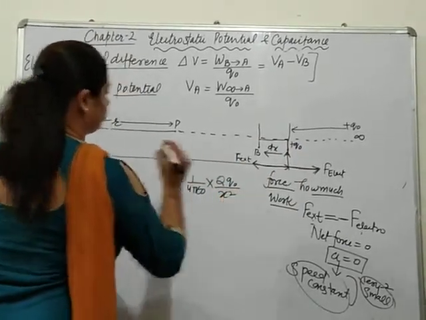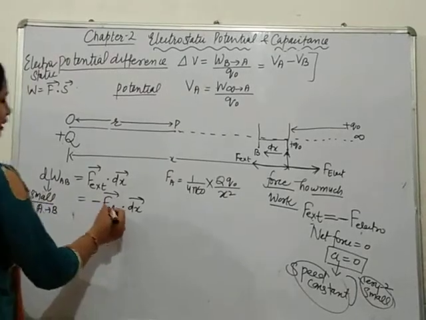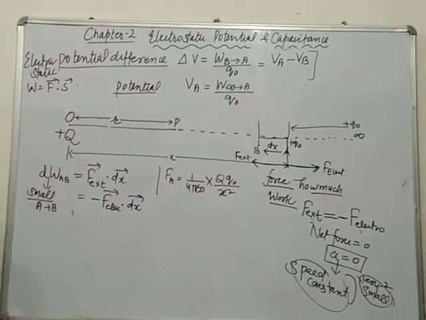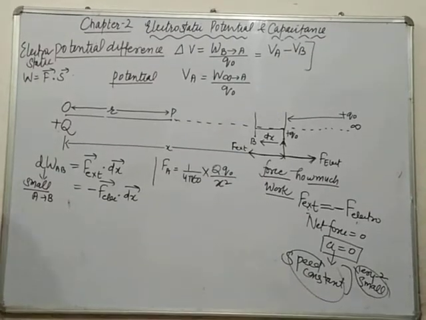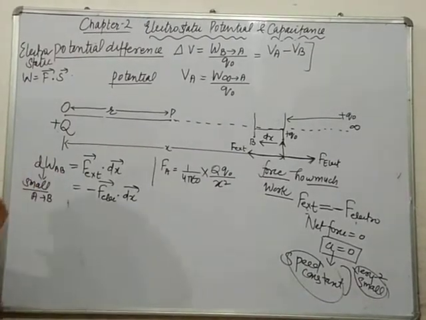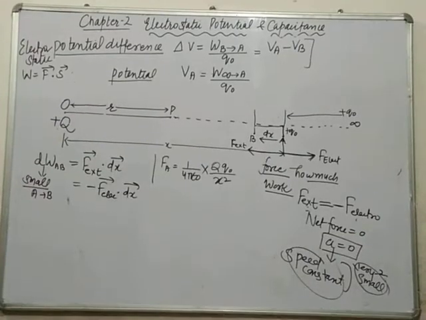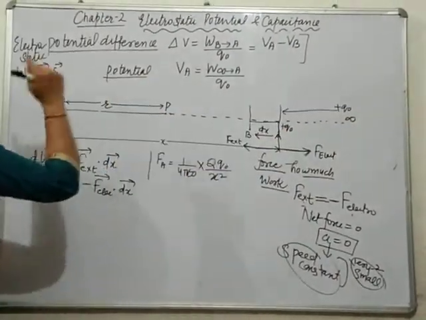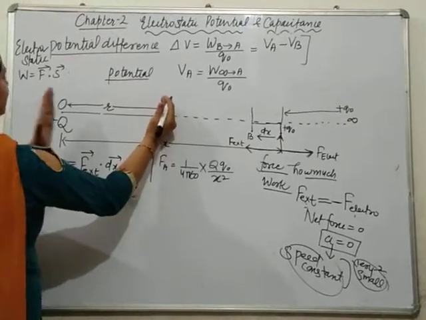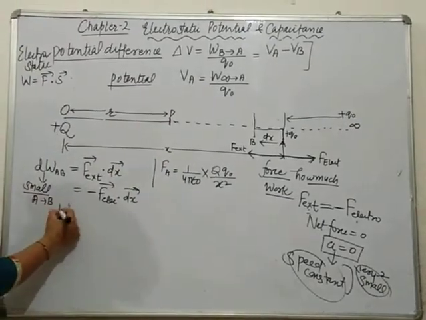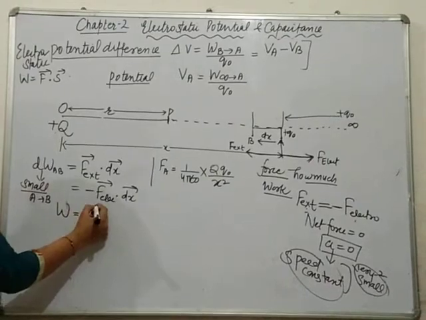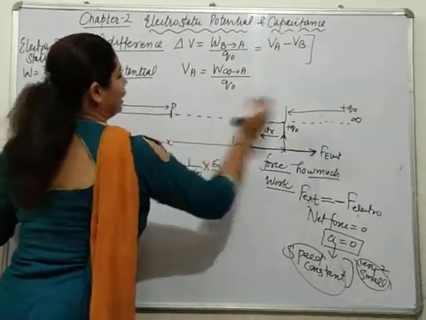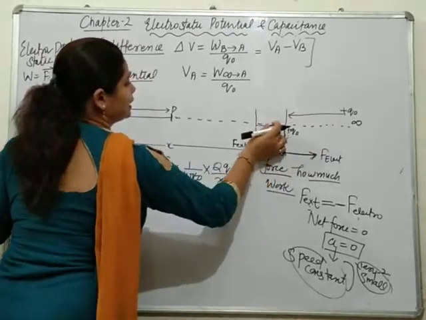We can substitute here when required. So we have calculated the small amount of work done in moving the charge from A to B, but we have to move the charge from infinity to point P, which is at a distance r. It means we want to calculate the total work done, as the body is not jumping, it is coming in small segments.